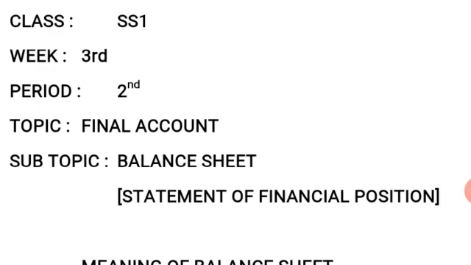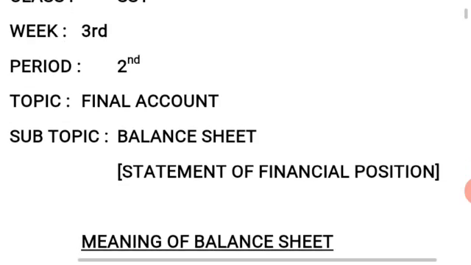As we have been discussing before, final accounts has three major aspects, and we have so far discussed two of the three aspects. The first is the trading account, where we are able to determine the cost of goods available for sales, the cost of goods sold, and most importantly the gross loss or gross profit of a particular business.